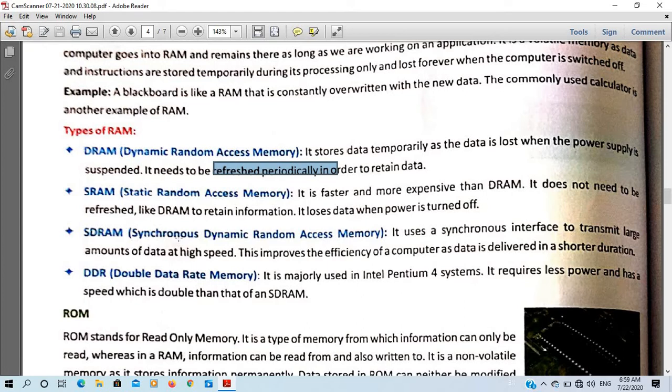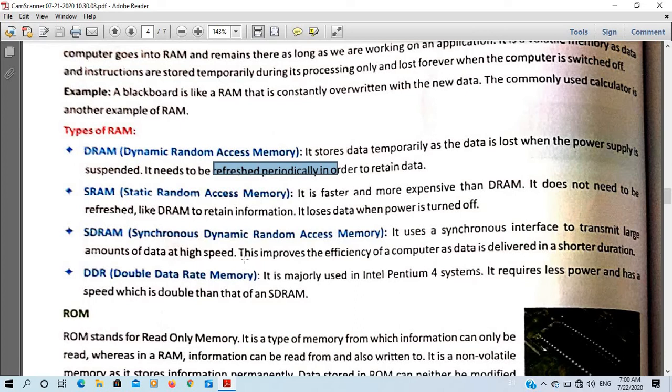SDRAM means synchronous dynamic random access memory. It uses a synchronous interface to transmit large amounts of data at high speed. It synchronizes the data, which means it joins the data together to provide more speed. For example, it may contain information like an index of all the resources present in our hard disk, and that index is used to provide very fast access.